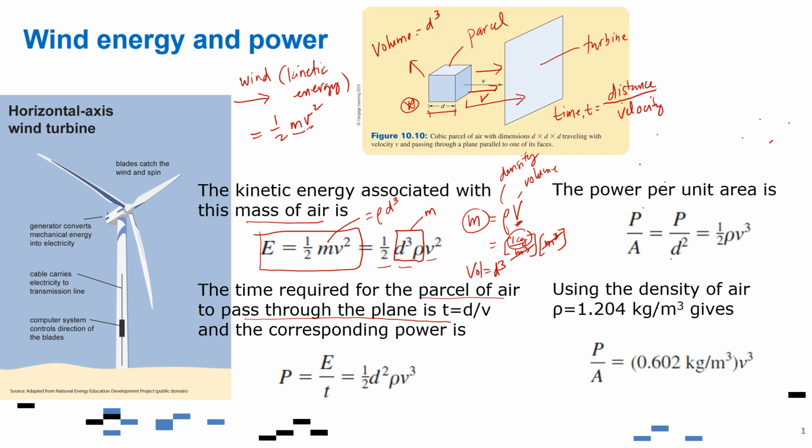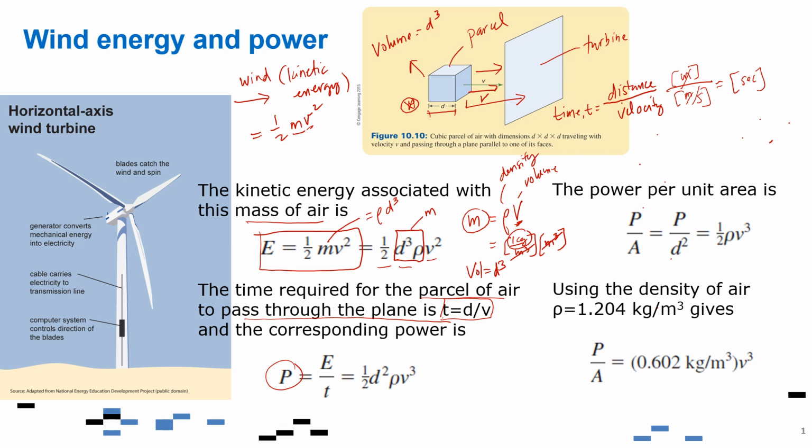Distance is in terms of meters and velocity is in terms of meters per second, so you cancel the meters and it becomes seconds. So that is time.